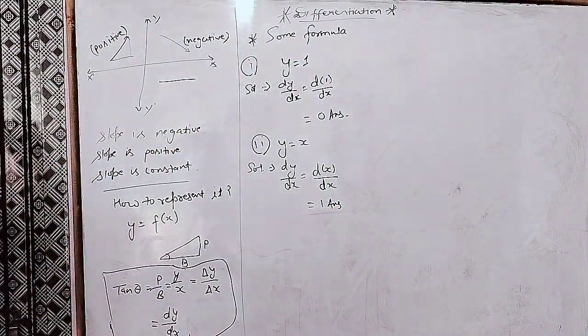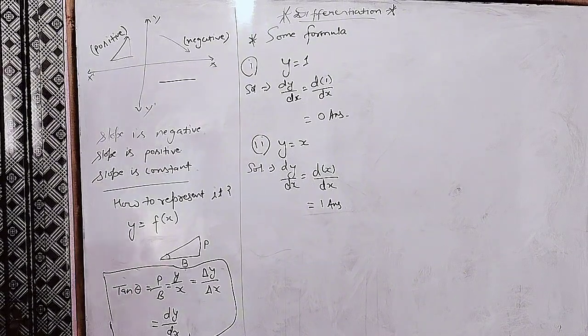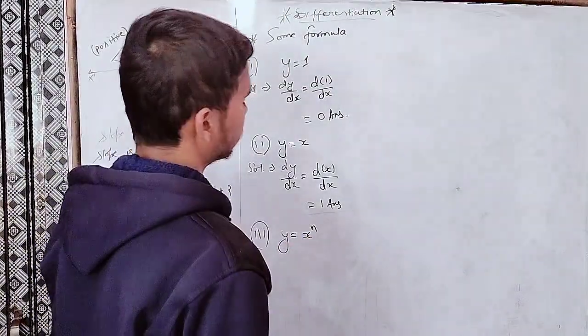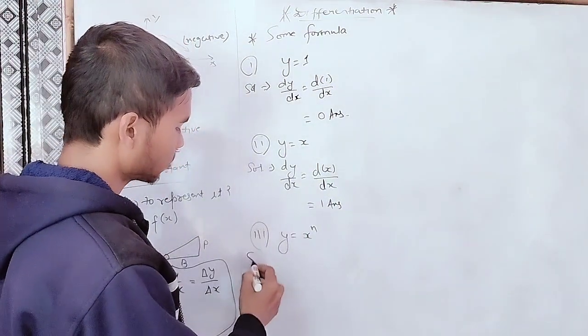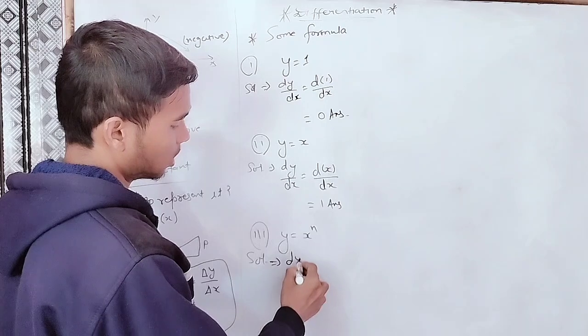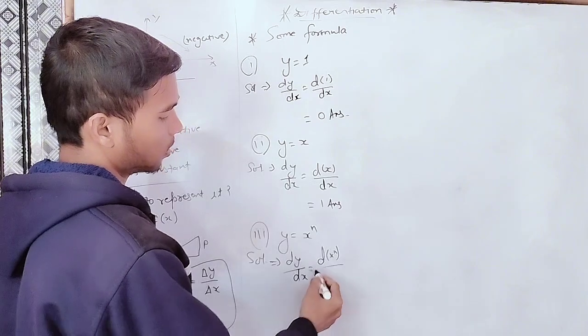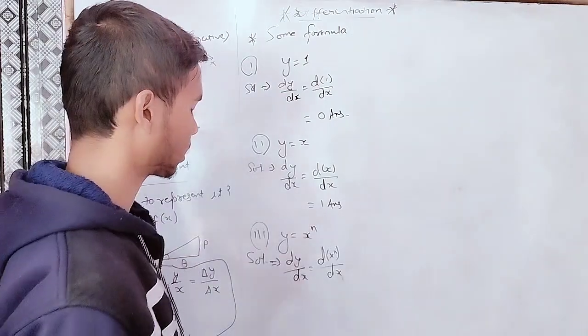We are solving formulas. After solving the formulas, we will take numbers. y is equal to x raised to the power n. dy by dx is d of x raised to the power n over dx.